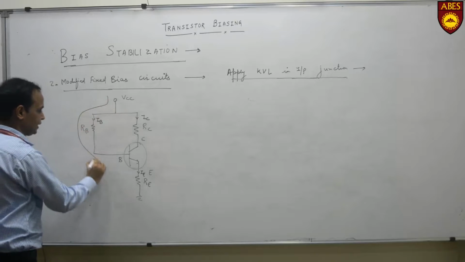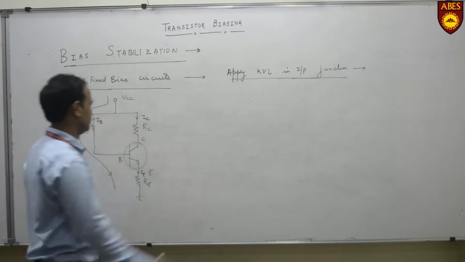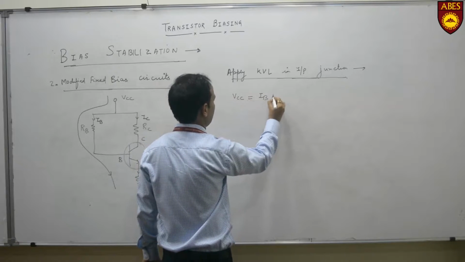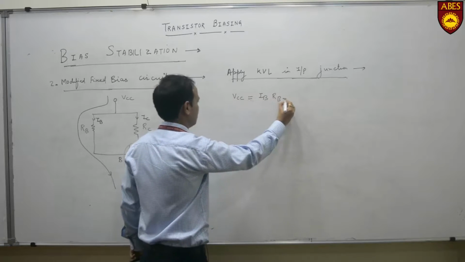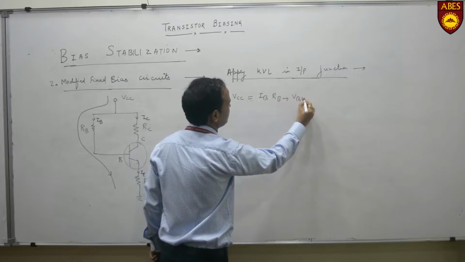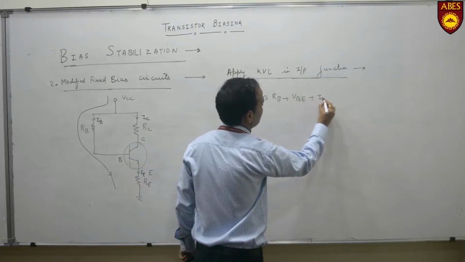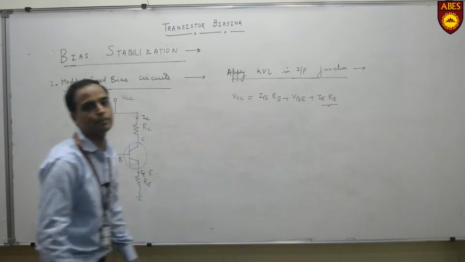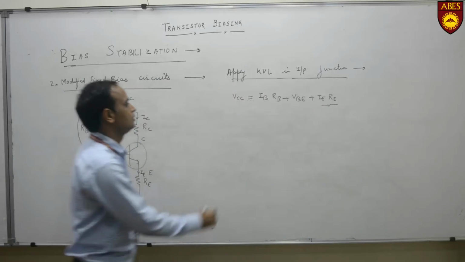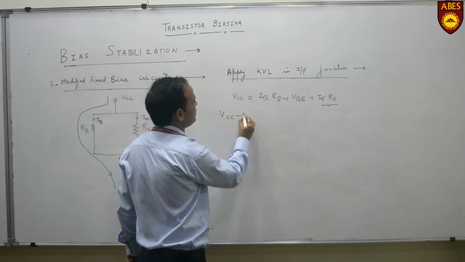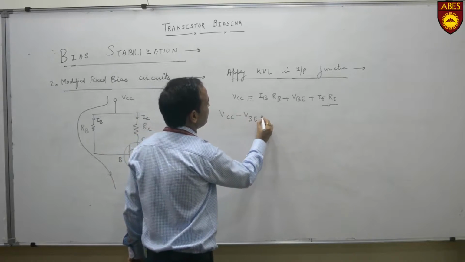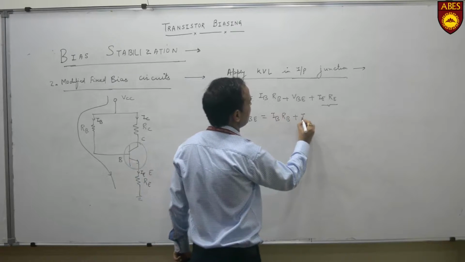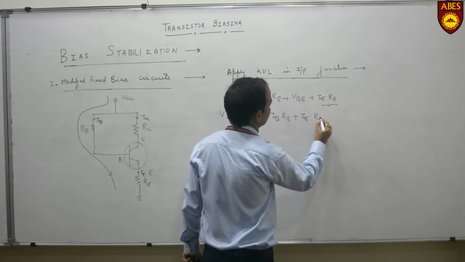Let's apply KVL again in the input junction. VCC is equal to IBRB plus VBE plus IERE. Now the component which is added into this particular expression is IERE. This means VCC minus VBE is equal to IBRB plus IERE.